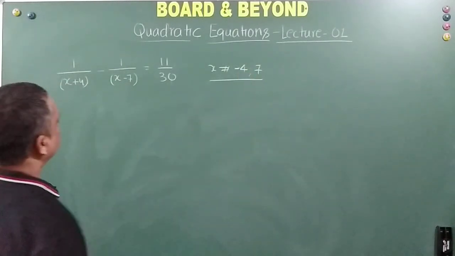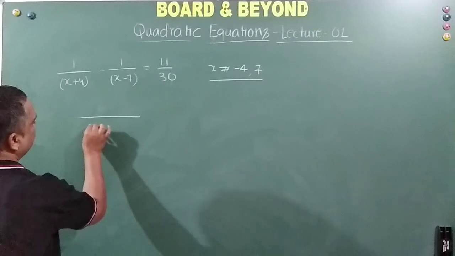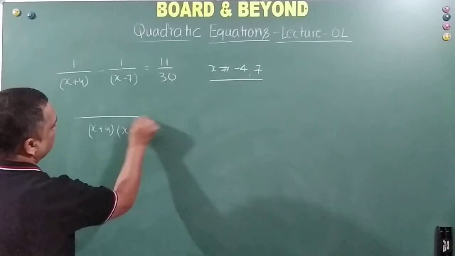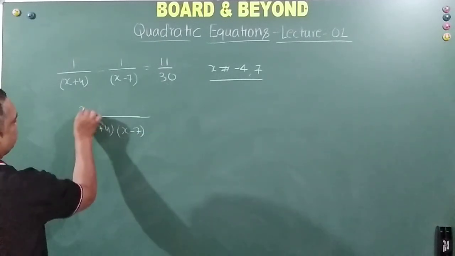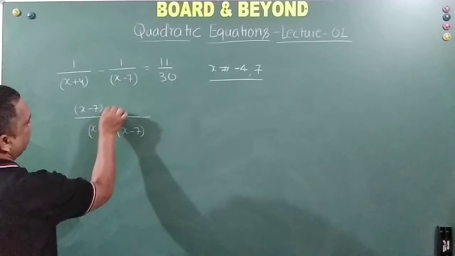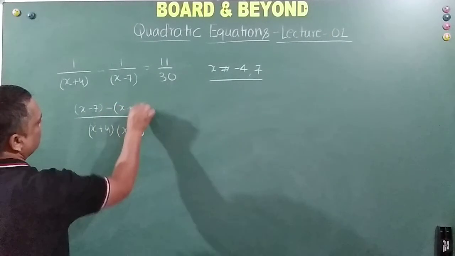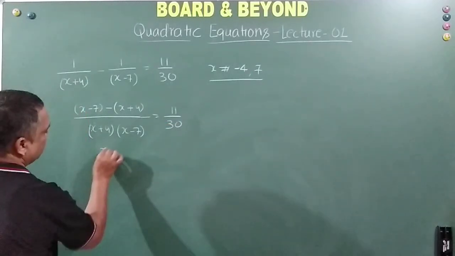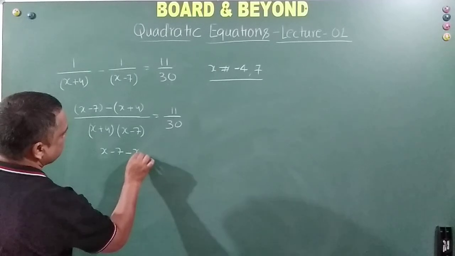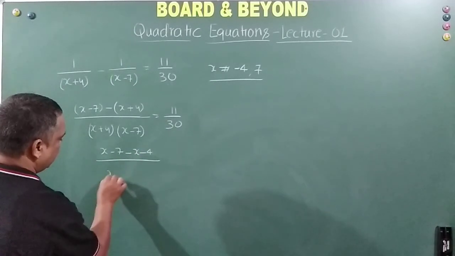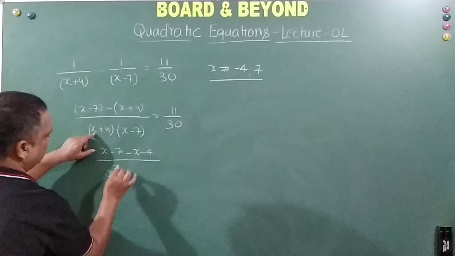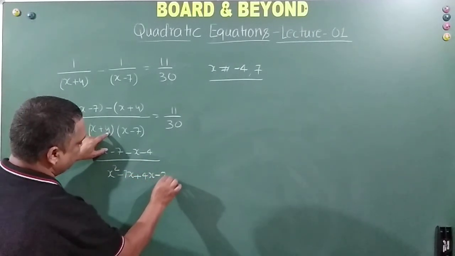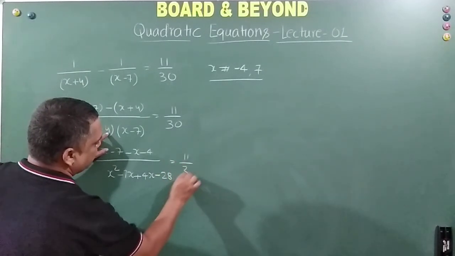So what do we do, friends? We take the LCM, which is x plus 4 and x minus 7. So this becomes x minus 7 minus x plus 4, divided by x square minus 7x plus 4x minus 28, is equal to 11 by 30.